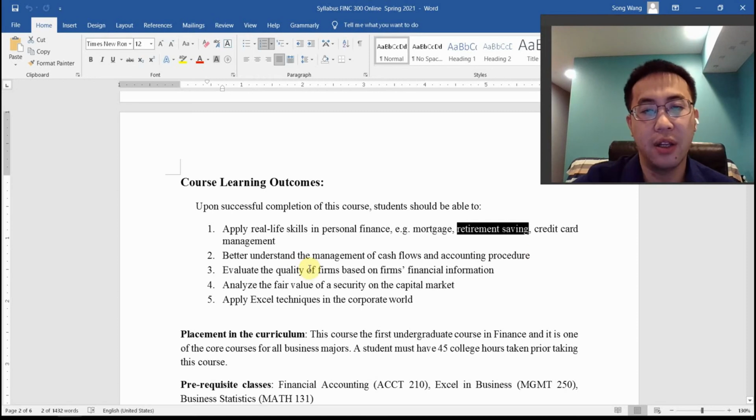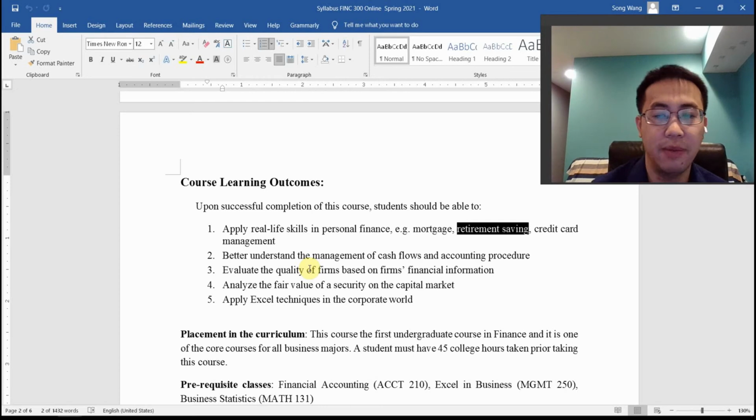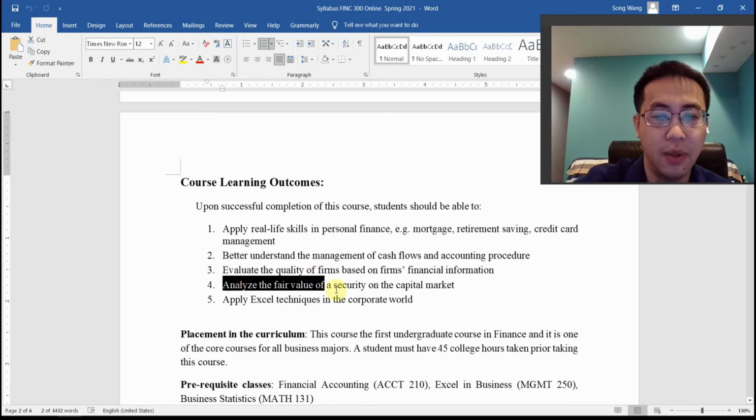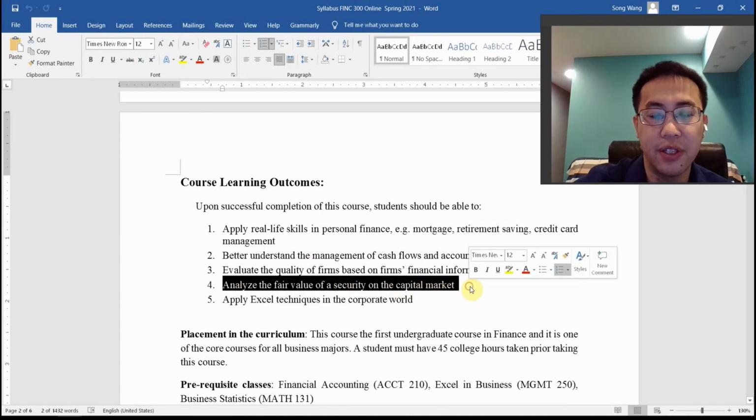And based on the analysis of the company financials, you will be able to evaluate the quality of firms. So you should know which firm is good, which is bad, which is worth investing in, and which is worth short selling. So basically, short selling is to profit from a losing firm. And then you will be able to give a fair value of a security.